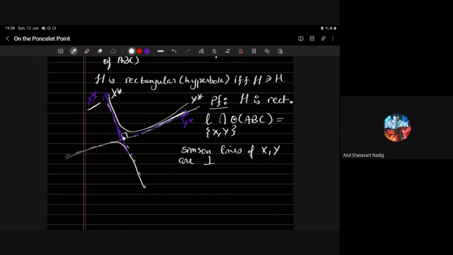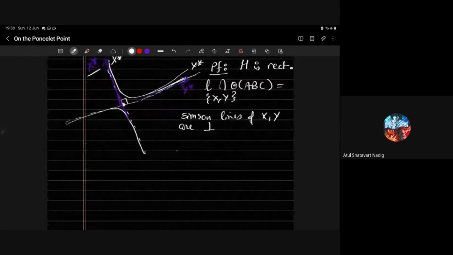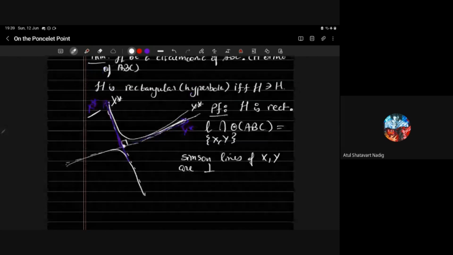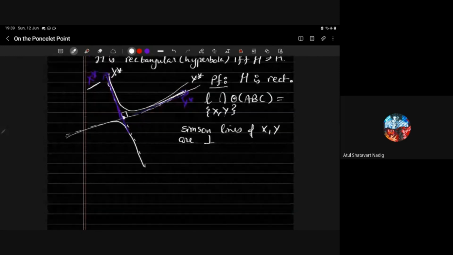Yes, when they are antipodes. So I can actually put if and only if. Maybe I'll make it clearer. If they are antipodes, XY, or rather L, contains the circumcenter O, right? And now the isogonal conjugate of O is the orthocenter. So that would imply H contains the orthocenter.